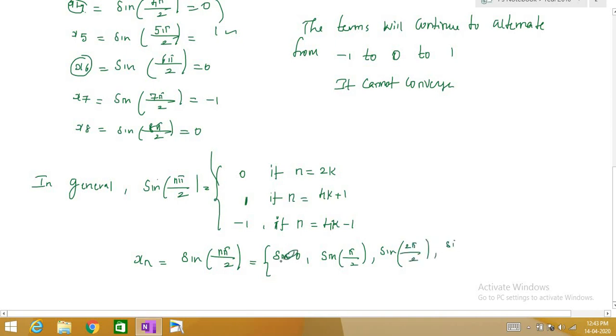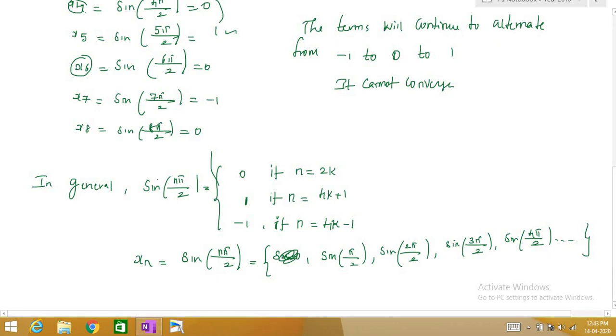We cannot have 0 here, because n should start from a natural number. So this will be sin(3π/2), and sin(4π/2), and these are the terms of the sequence, right?